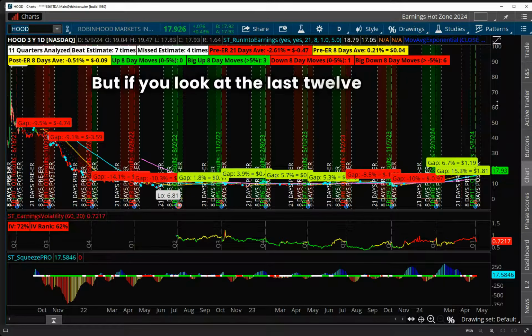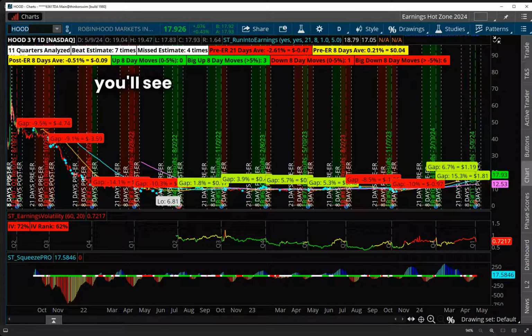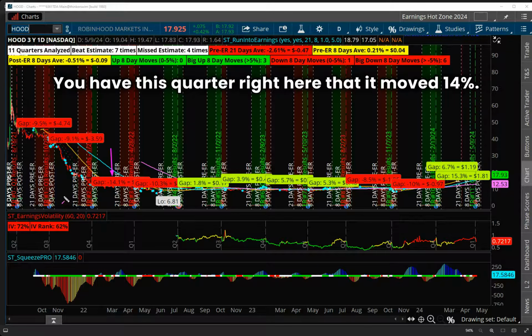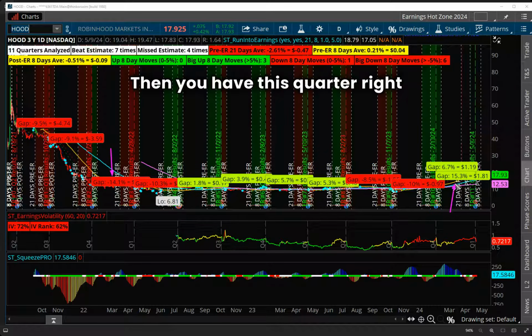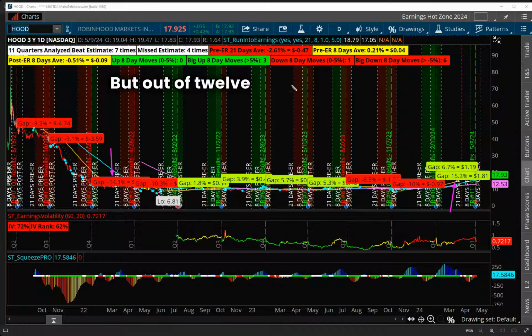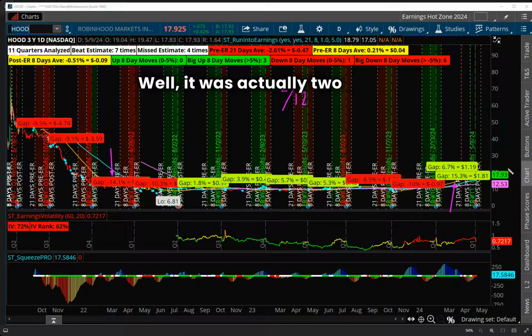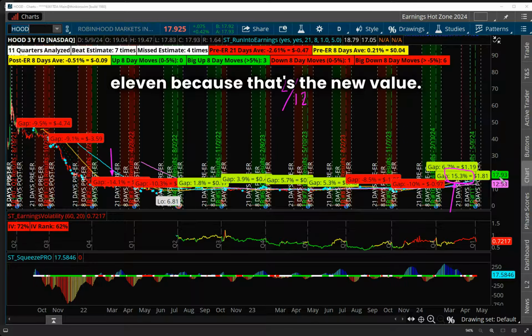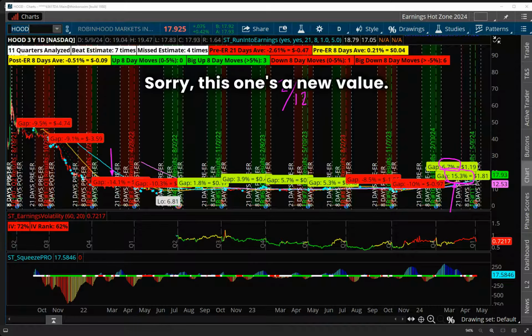If you look at the last 12 quarters, you'll see it hasn't moved more than 12% very often. You have this quarter right here that it moved 14%. Then you have this quarter right here where it moved 15%. But out of 12 quarters, that's only 2 out of 12. Well, it's actually 2 out of 11 because this one's the new value.